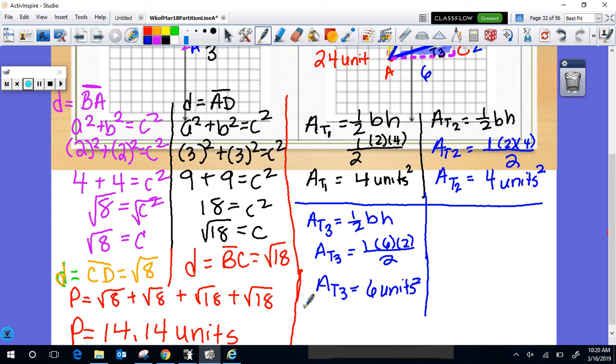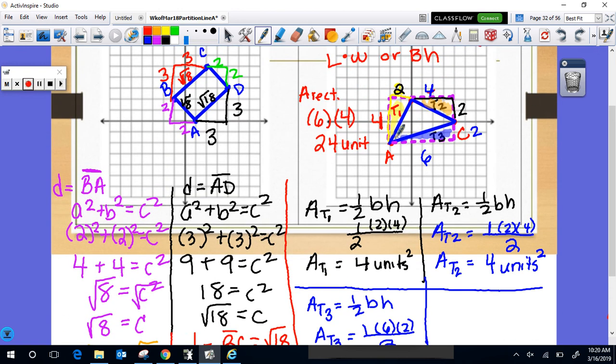Alright, so I got that knocked out. So I know what all my areas are. So to get the area inside of this triangle, which I'm going to color as green, to get this green part, what I'm going to do is take the area of the whole triangle, not the whole triangle, the whole rectangle, that purple rectangle.